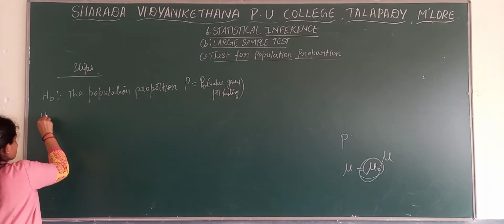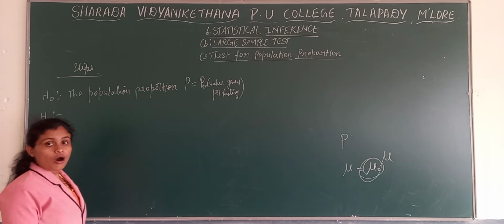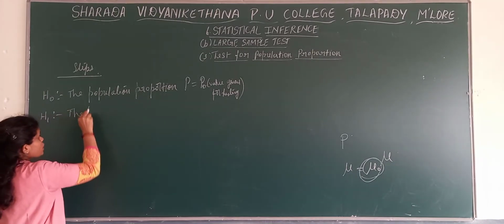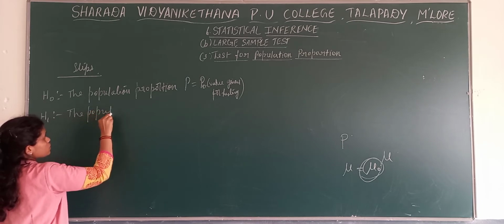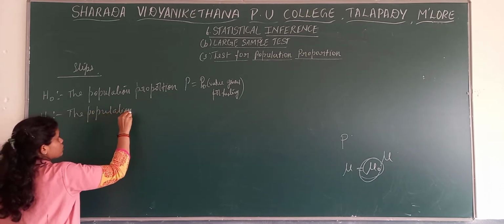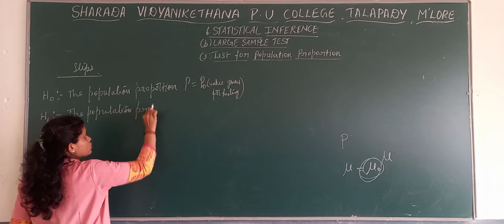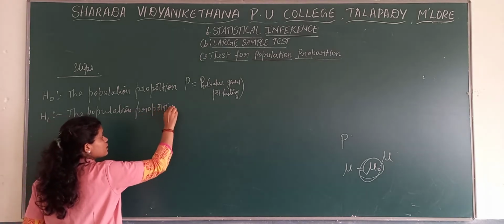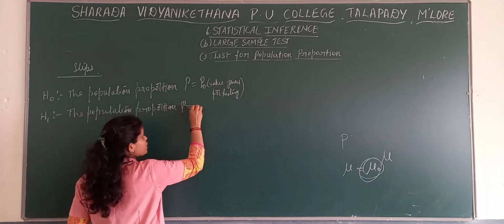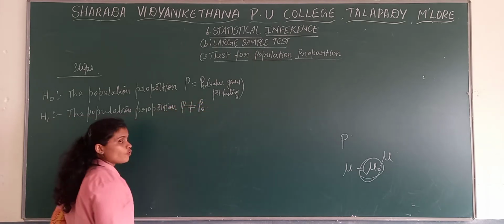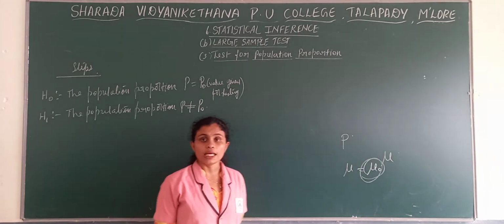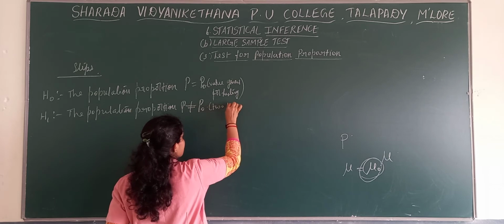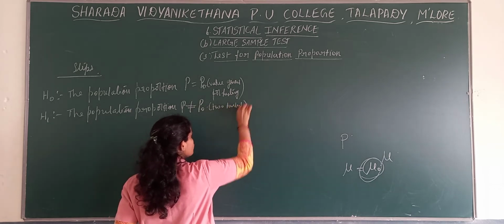Then the next step is the alternative hypothesis. The population proportion P is not equal to the value which is given for testing. Not equal means it is 2 tail.